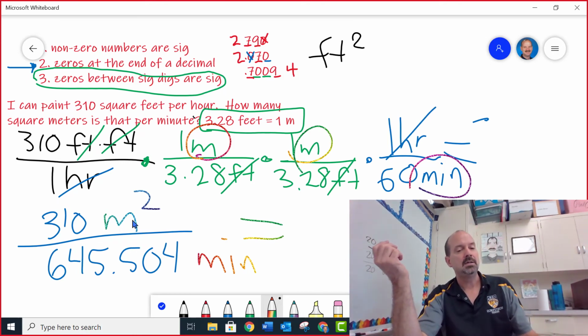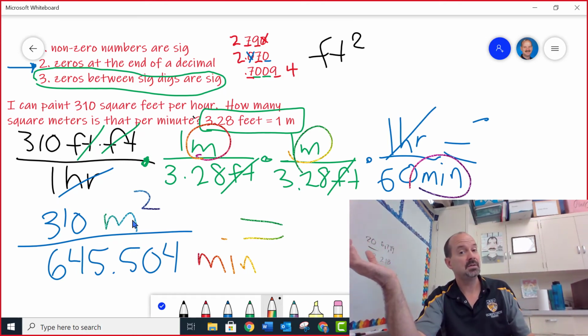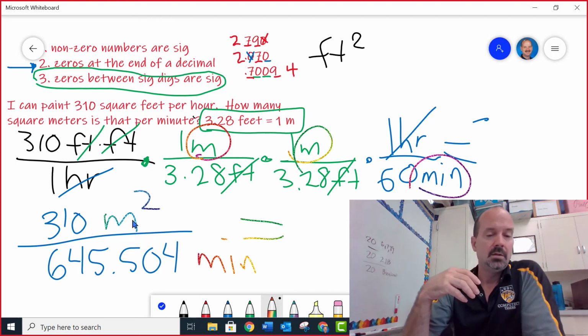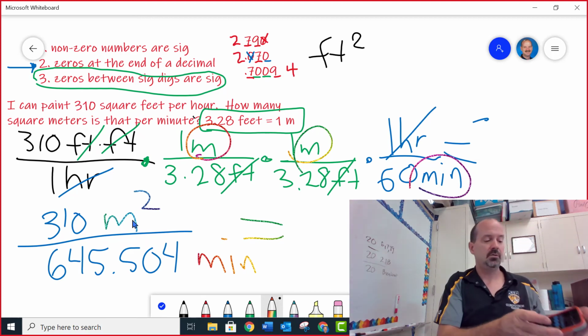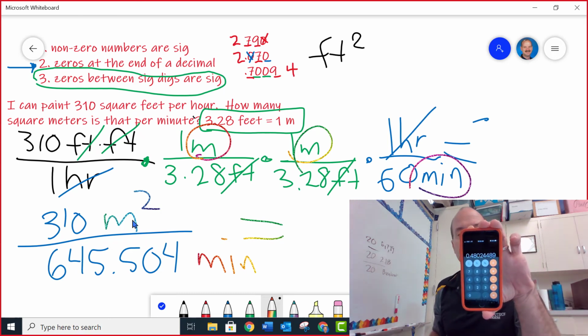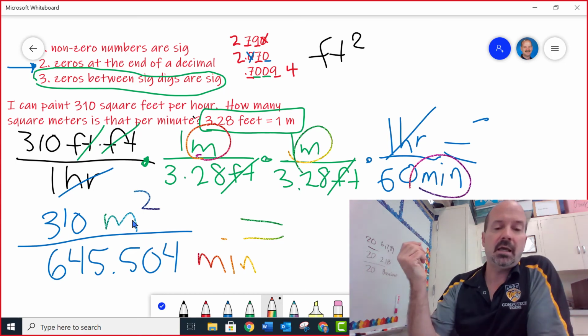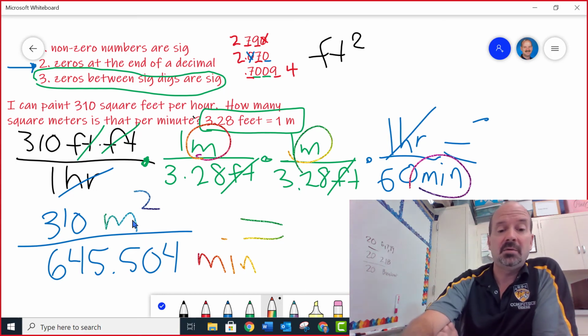Now we see a division problem. Hopefully you see that a fraction is a division problem. So I divide the top number by the bottom, 310 divided by 645.504, and I get 0.48024489. I don't know if you can read that, but it's too many digits. So usually they ask me to round to the correct number of significant digits.